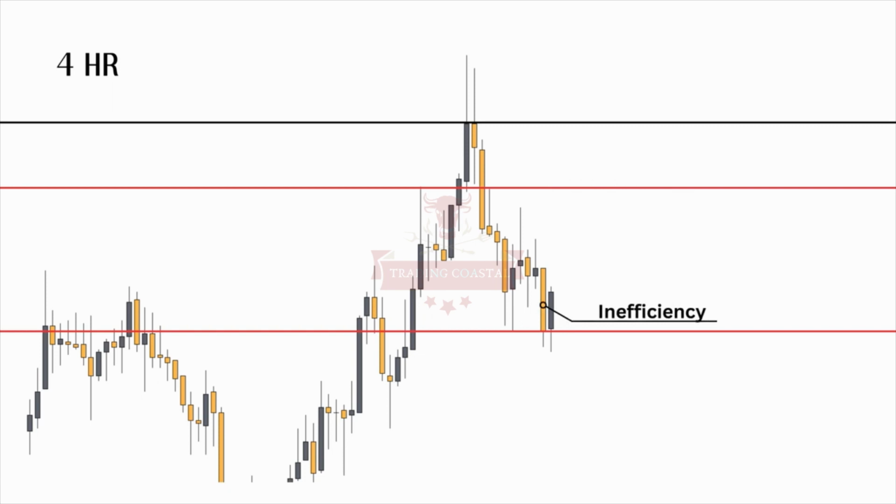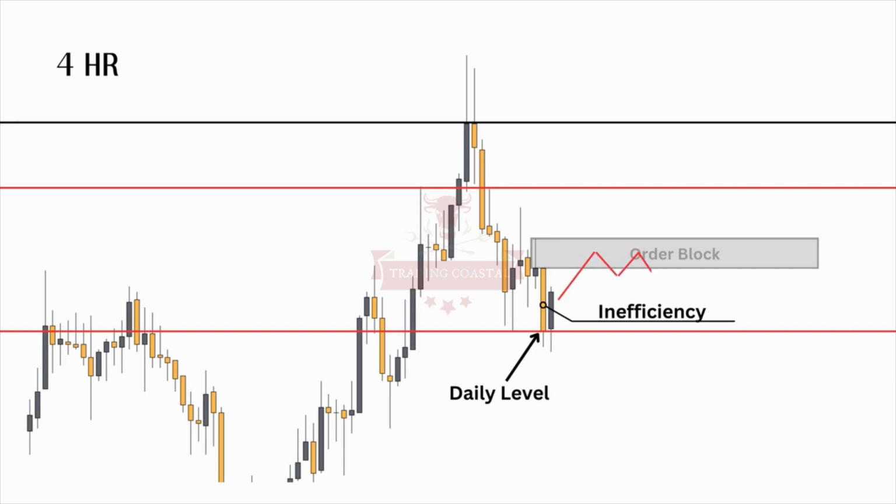Currently, we have an inefficiency move near the daily key level. The candle that created the inefficiency is our order block zone, which could give us a possible short entry, but we cannot place a sell limit on this order block, since the price has rejected a key daily level, which could be a turning point for a short-term downtrend. So we need bearish confirmations in lower time frames like 15 minutes to enter short positions.